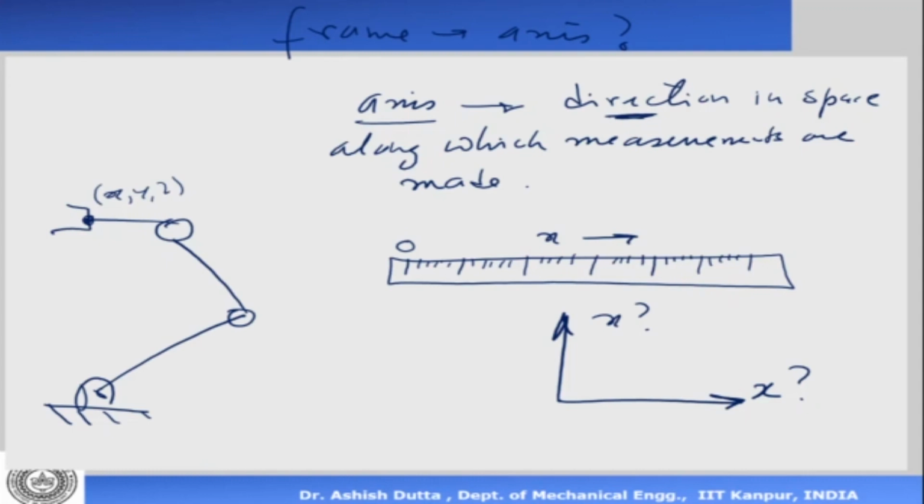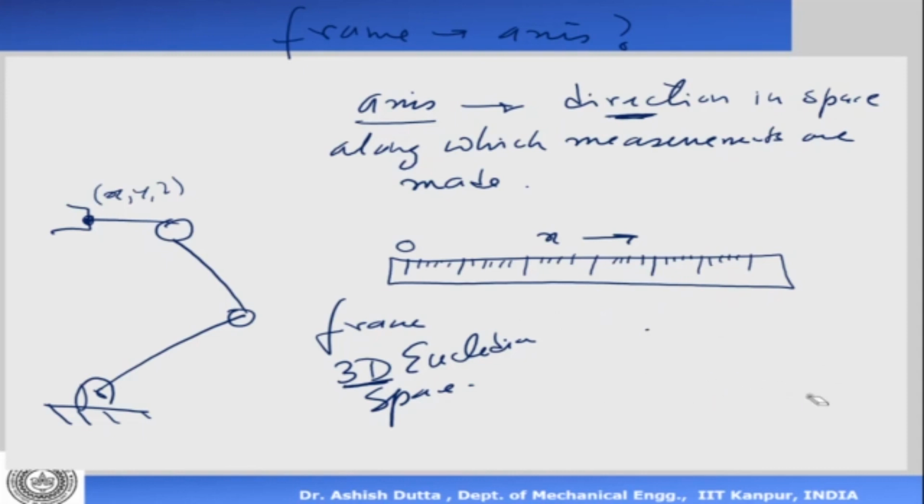Now when we say a frame, we basically mean we are talking about 3D Euclidean space. In 3D Euclidean space, it is 3 dimensions, so there are 3 directions possible. What we do in 3D Euclidean space, we define 3 directions, x, y, and z.